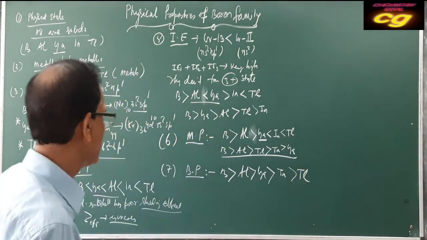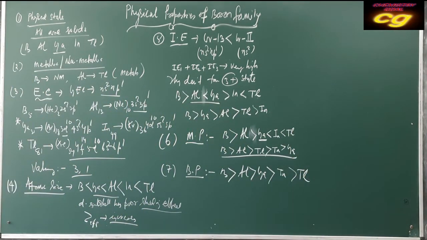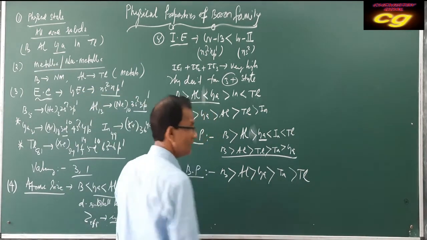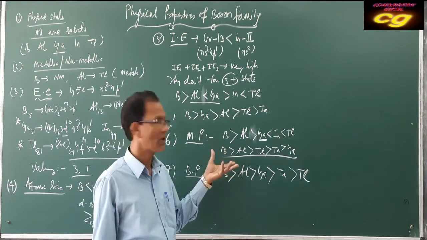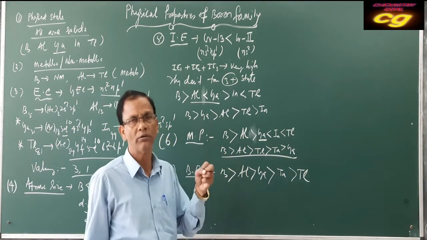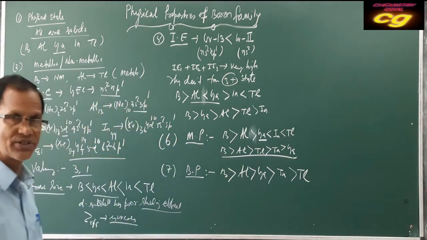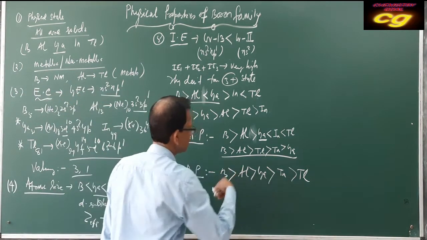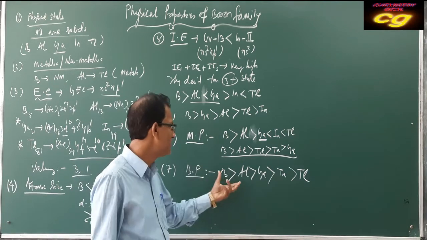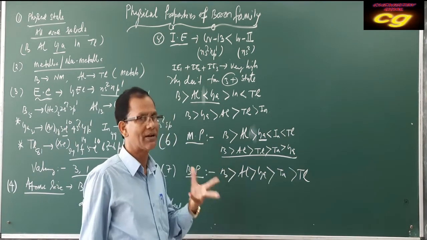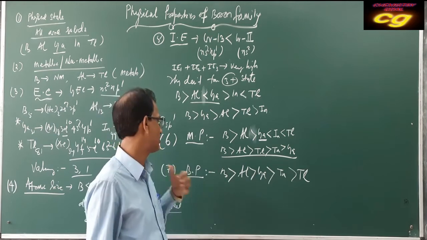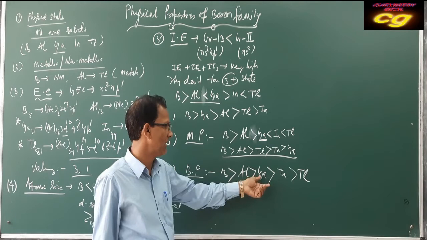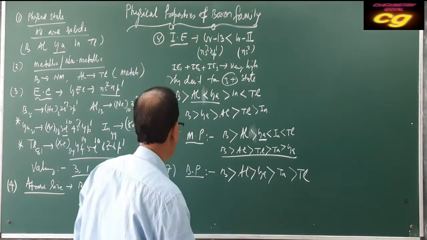Here, due to small size, boron has very strong intermolecular attraction, because all have crystalline structures. In the crystalline solid state, it depends upon the intermolecular attraction. Boron is maximum here. So boron greater than aluminium, greater than gallium, then indium, thallium is the boiling point order.